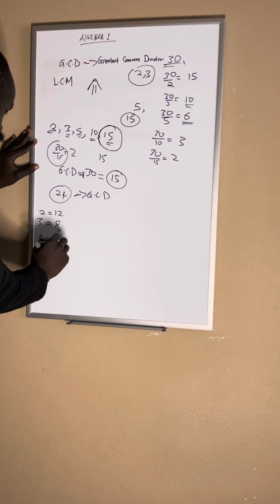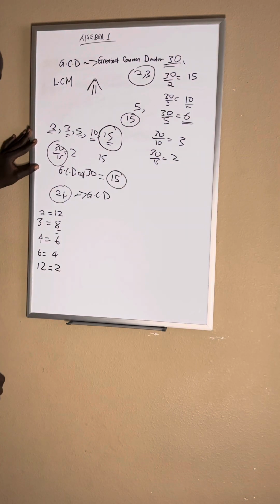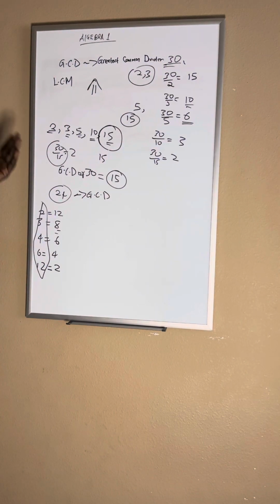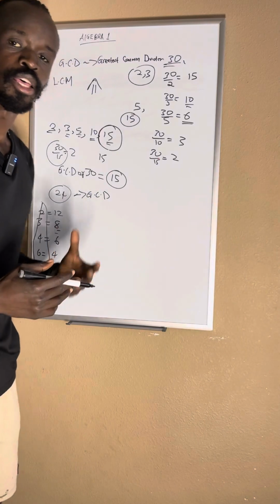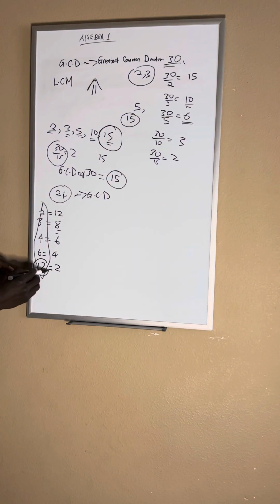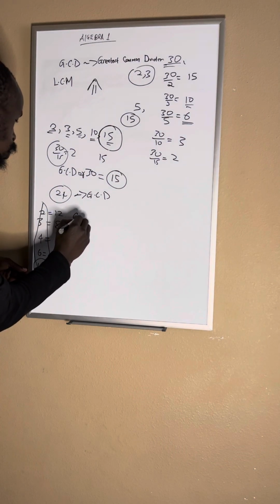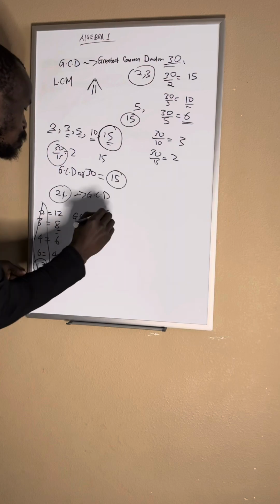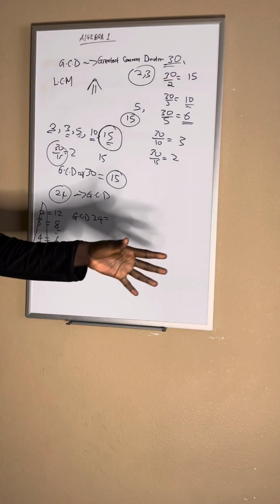When you divide 24 by 12, what do you get? 2, okay? So among these numbers, which is our greatest common divider? It's obviously 12. So when you ask what's the GCD of 24, they are basically asking you the greatest common divider.